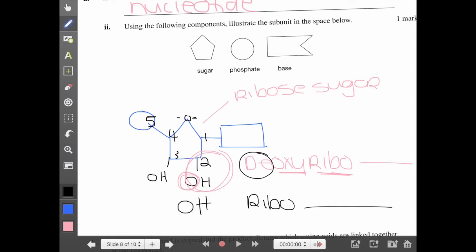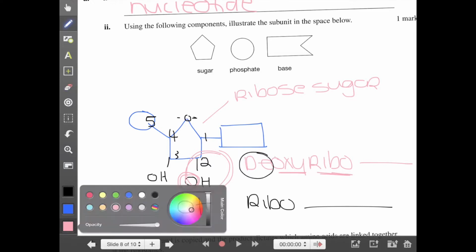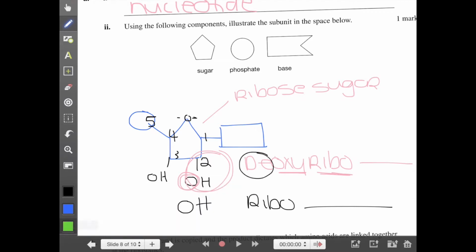When we have a look at DNA further in the course, you'll need to know about the 3 prime and 5 prime end. This is really easy. I've labeled the carbons for you so you can still see. So the 5 prime end is where the 5th carbon is, where the phosphate group is.